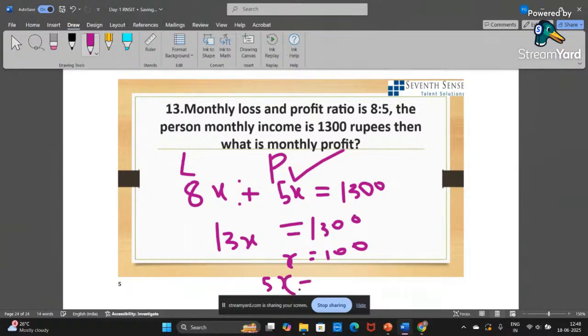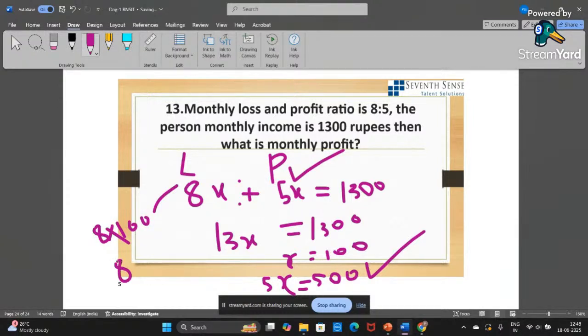And if they ask you to find out the monthly loss, you have to substitute in 8x, the place of the loss ratio. 8 into x, where x is 100, is 800.